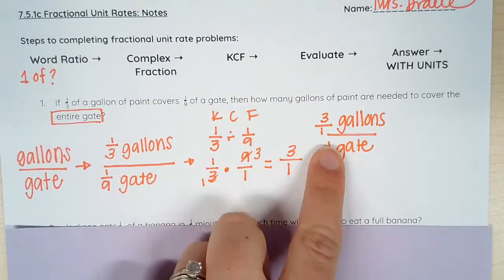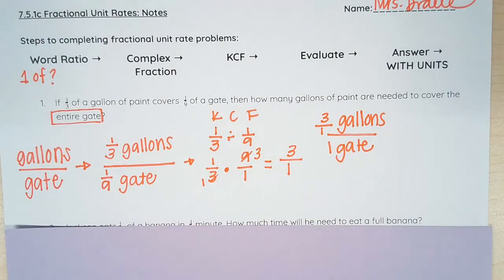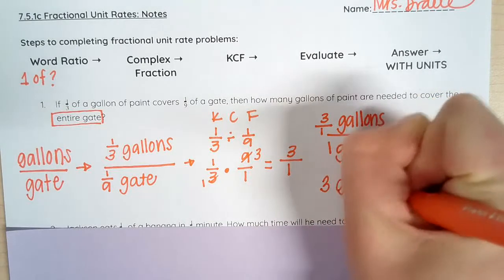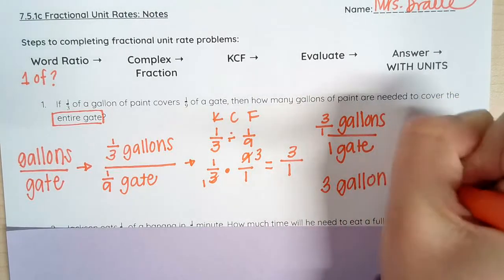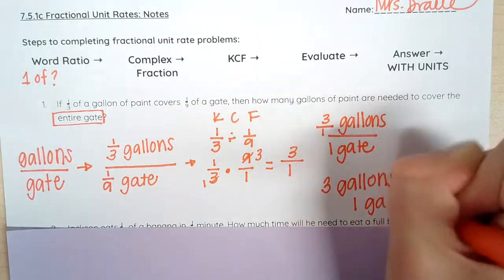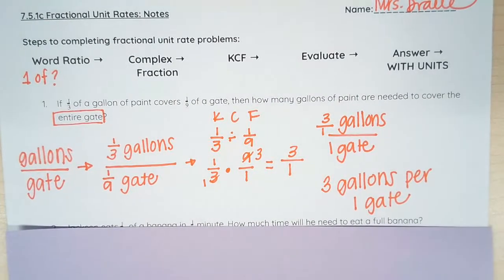But because that's a whole number, I can get rid of that when I write my actual answer. So I would say 3 gallons per one gate, or for an entire gate.